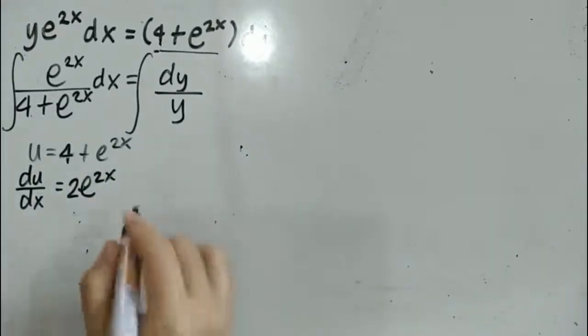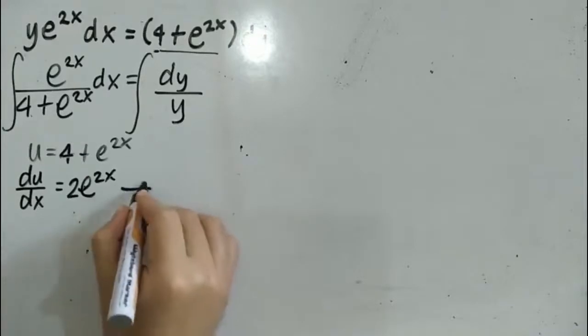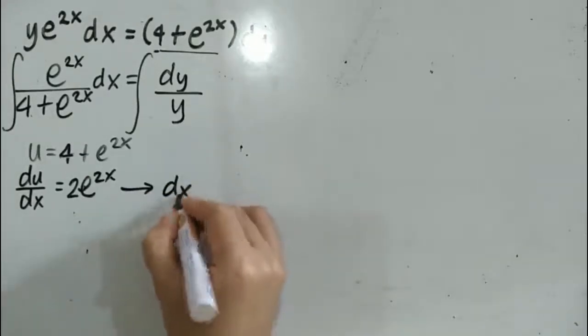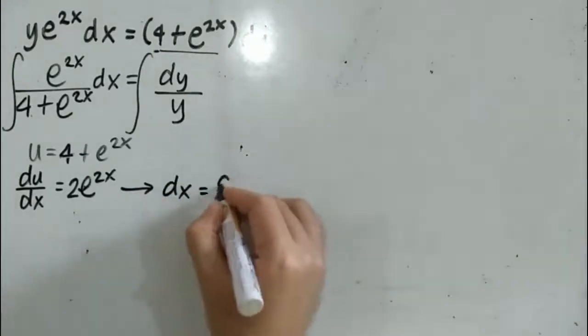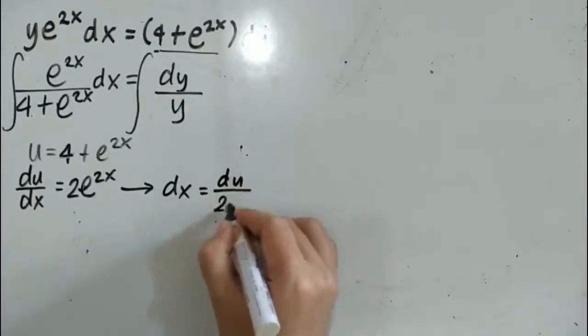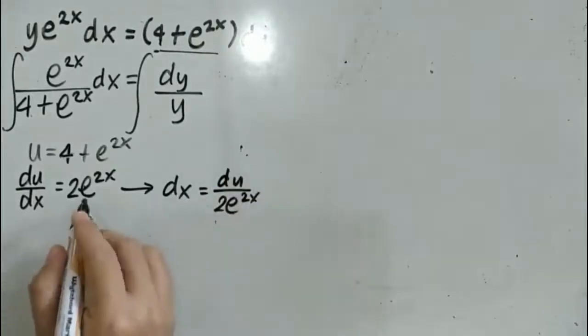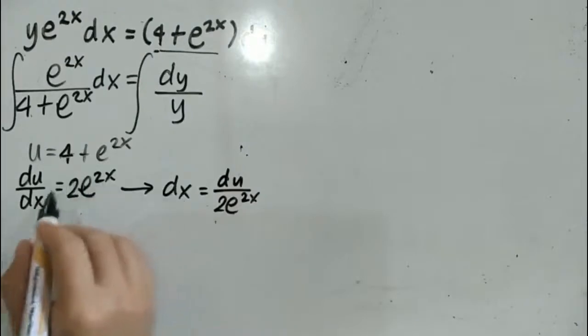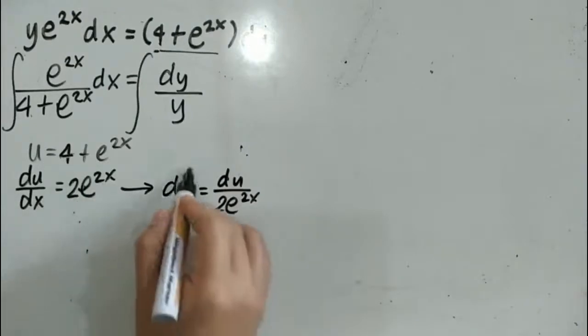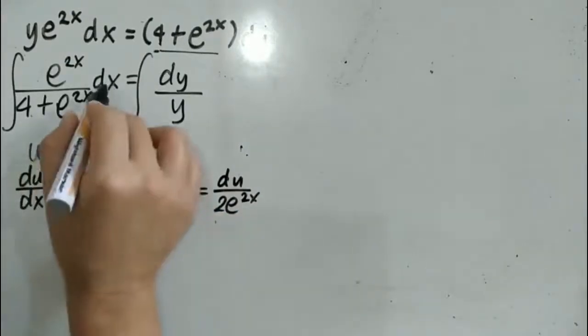So using the rule for substitution, we have dx equals du over 2 e to the 2x. So we will just substitute this dx to here.